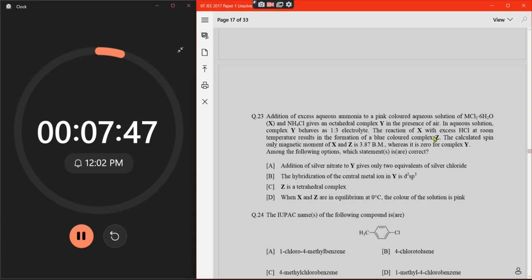मेटल क्या है वैसे, ये कौन सा मेटल है, राइट? Probably copper or something because blue color. So हाँ, हो सकता है ना, right? Octahedral complex Y. So here, huh? In the presence of air, you are saying. That's weird.